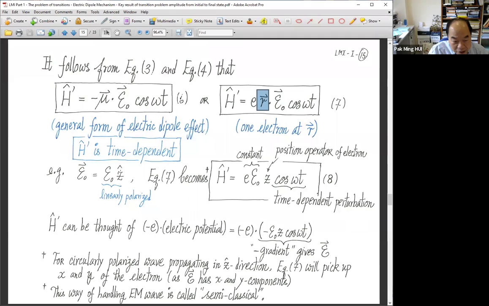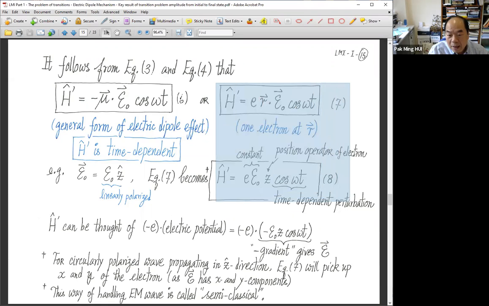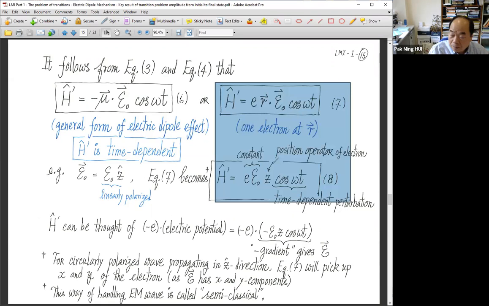Position dot into the z unit vector means you will pick up the z coordinate, the z position of the electron. Again, this is matter, this is light. So all the way you see matter-light interaction. So 7 and 8 will be often referred to in the following discussions.